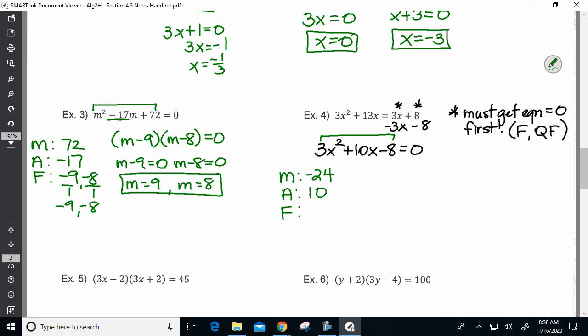Negative 2 and 12. Negative 2 plus 12 gives you positive 10. Negative 2 times 12 is negative 24. That's the winning combination. Remember, when you factor using MAF, there's only one way that the problem can work. There's only one way the 2 sets of numbers can be organized.